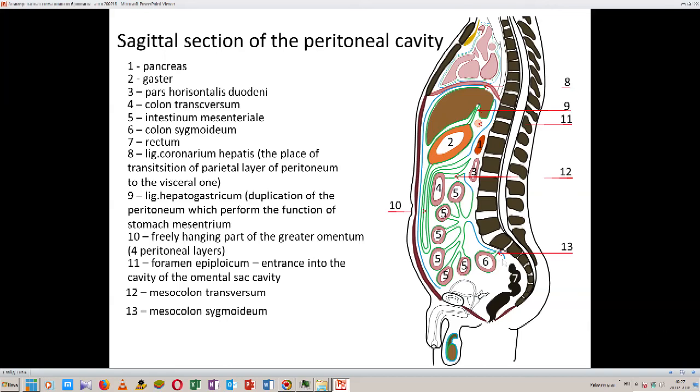So, it's quite clear that each of these structures, mesocolon transversum, mesocolon sigmoidum, mesenterium, are all two-layer structures for holding the loops of the intestine in the space.